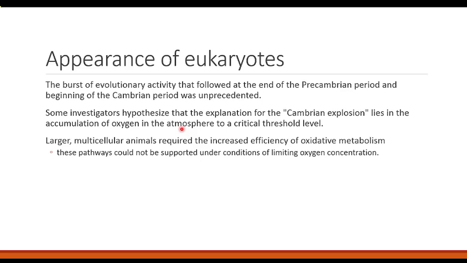This organization of animals could not be supported under conditions of limiting oxygen concentration, simply because there are many cells that have their own specialized processes and they require energy as well. If there is a limited amount of energy, then the multicellular organism cannot be supported. So that's how eukaryotes appear. Okay, so that ends my lecture discussion.